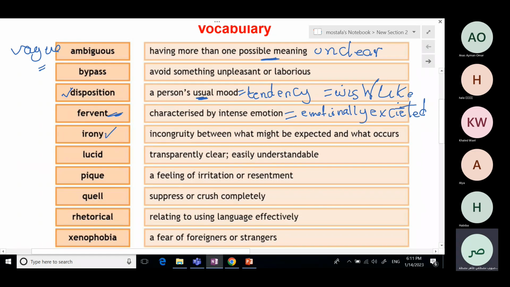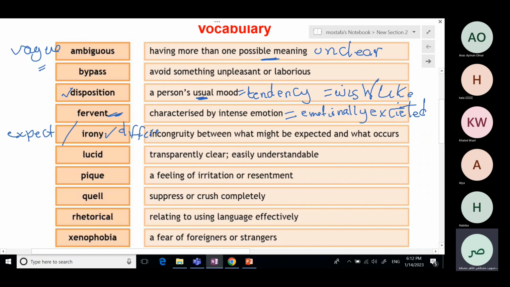Irony means incongruity between what might be expected and what occurs. Irony means you expect something, while something different happens.